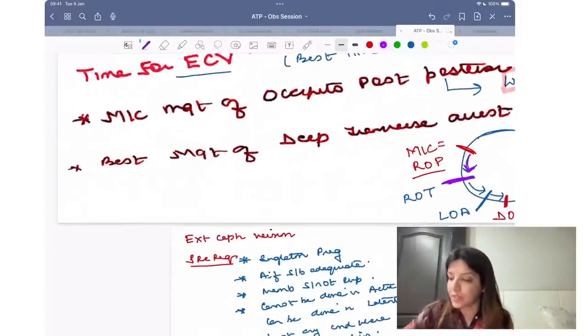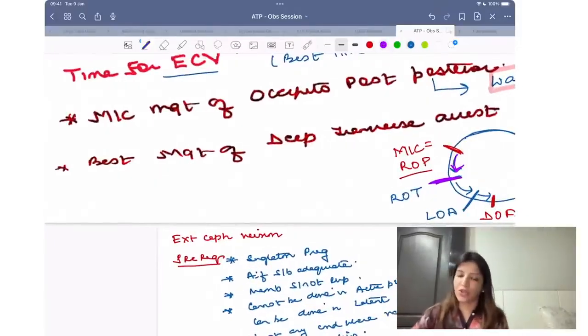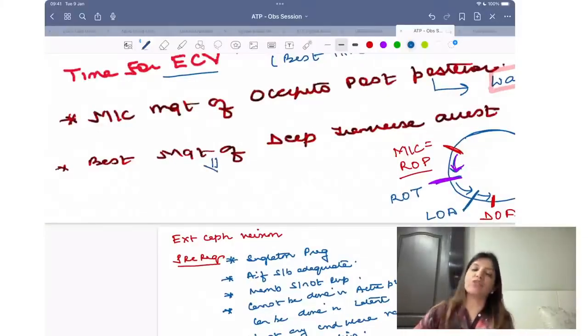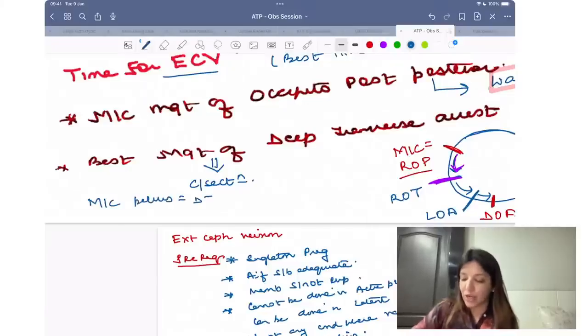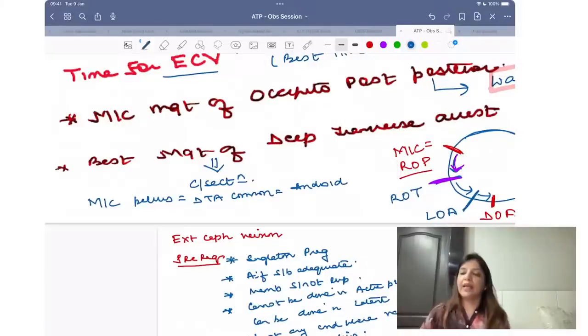Now on deep transverse arrest, the questions which they ask you are, number one, what is the best management of deep transverse arrest? Please remember, best management of deep transverse arrest is cesarean section. Next, what is the most common pelvis where deep transverse arrest is common? So deep transverse arrest is most common in android pelvis. Why?